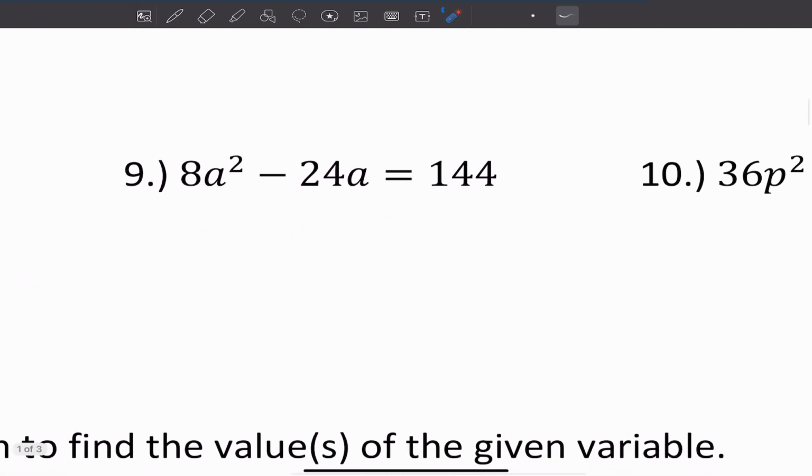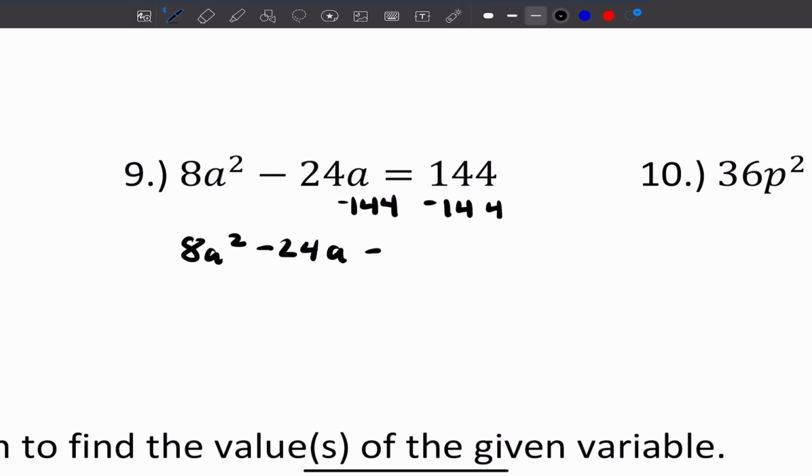Okay, so 8a squared minus 24a equals 144. Make sure that one side is 0 when you're solving. So you need to subtract both sides by 144. You have 8a squared minus 24a minus 144 equals 0.